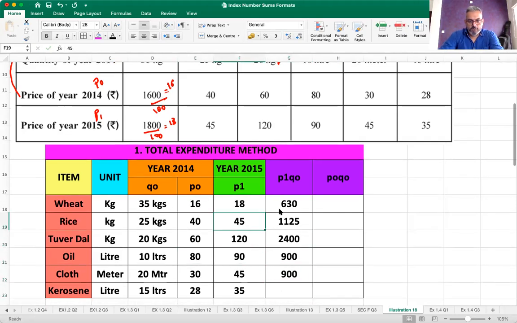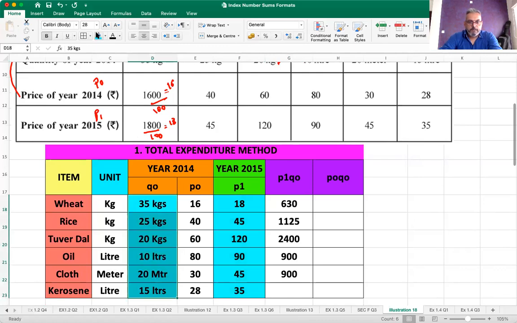It is these two columns we are doing. Let me highlight so that you don't make a mistake. This column and this column we are multiplying. That is P1Q0. And 15 into 35, 525.